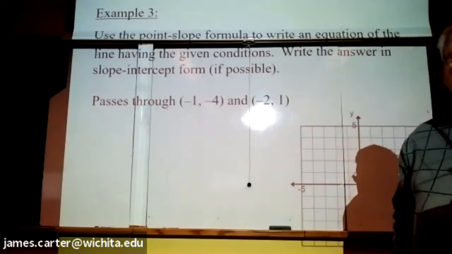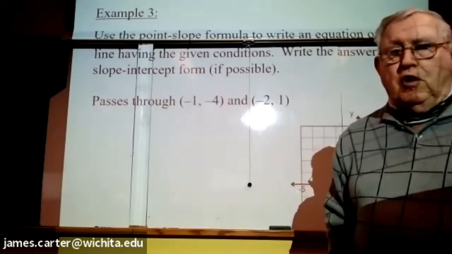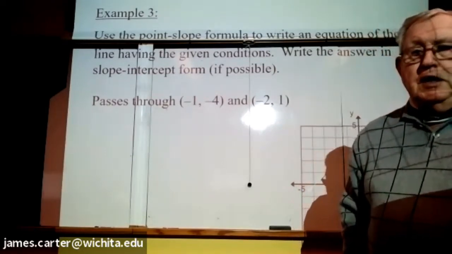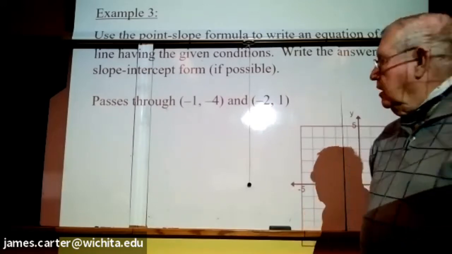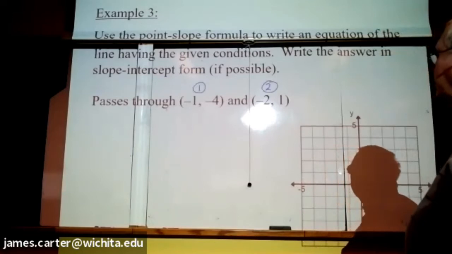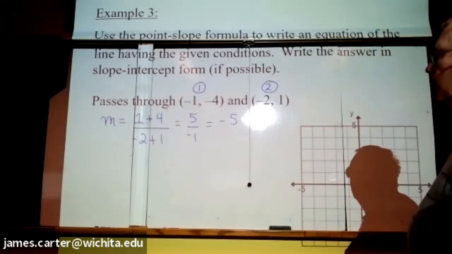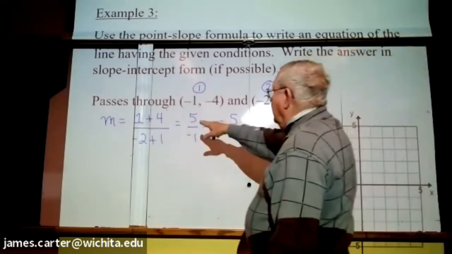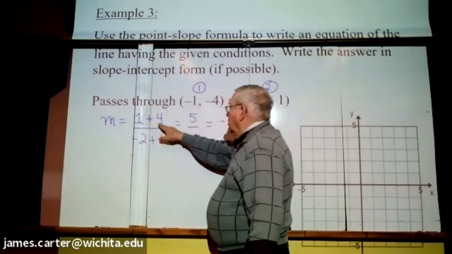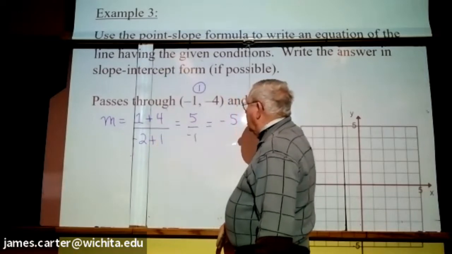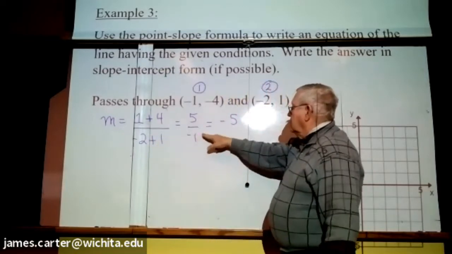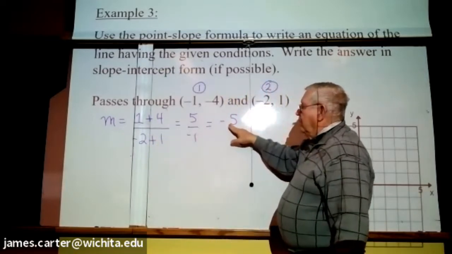So what we have to do is first use the slope formula, m equals y2 minus y1 over x2 minus x1, to get the slope. There's point 2 and point 1. Here is the slope formula. We're going to subtract the y values, subtract the x values in the same order, simplify it, and we get -5 for the slope.